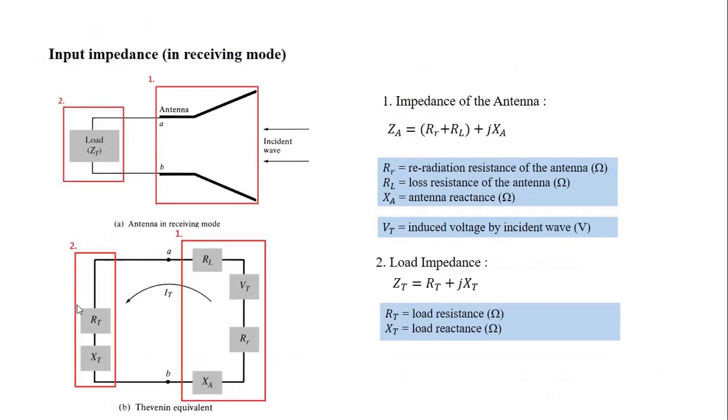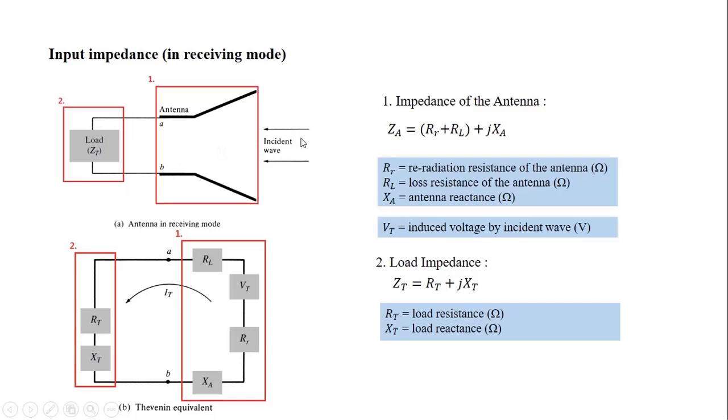Moving further, now we will consider the antenna in receiving mode, and we will see what the input impedance of the antenna is in the receiving mode. Now we know the radiated waves will be incident on the antenna, and that antenna will be connected to the load.